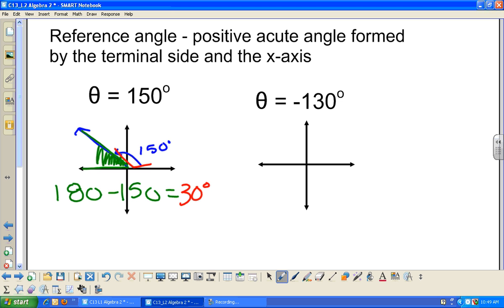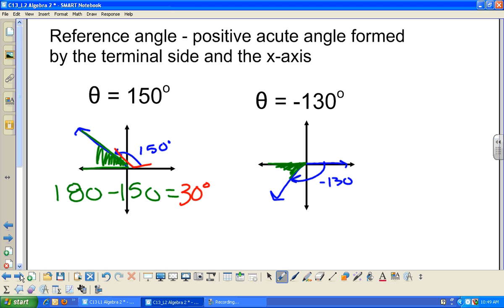Negative 130 degrees. So first, you should always draw out your angle measurement. It will be in the third quadrant because it's between negative 90 and negative 180. So here I'm looking for this angle measurement. Your reference angle should always be a positive angle.